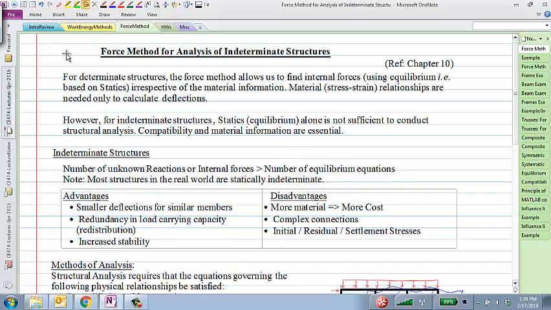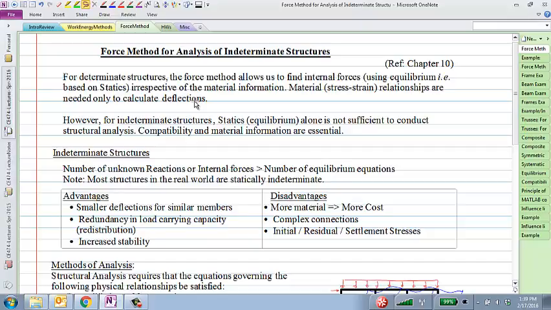So the topic that we're going to look at now is analysis of indeterminate structures using the force method. To some extent, I think you've already done some of these types of problems, maybe simpler ones, back in 371. The idea is that for indeterminate structures, equilibrium alone is not enough.